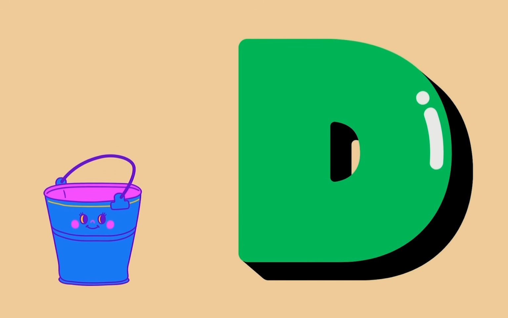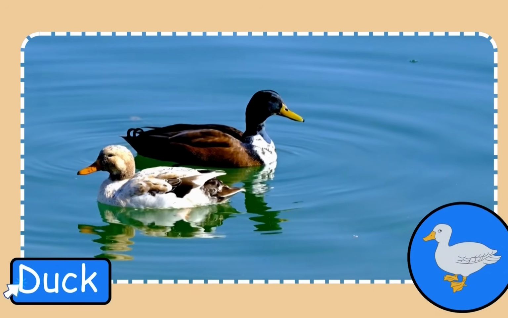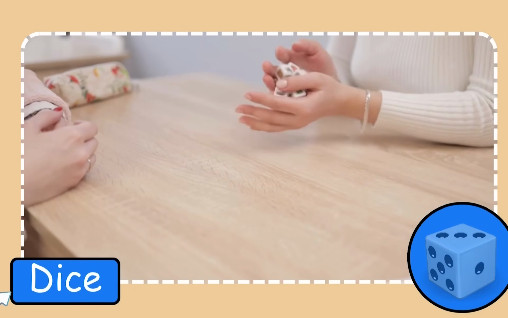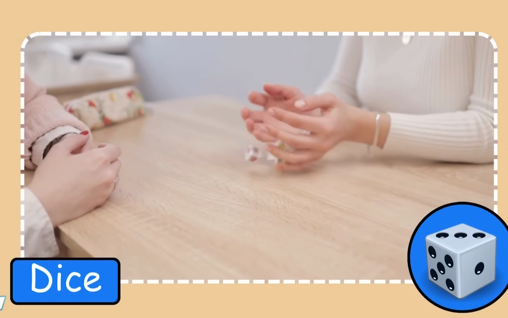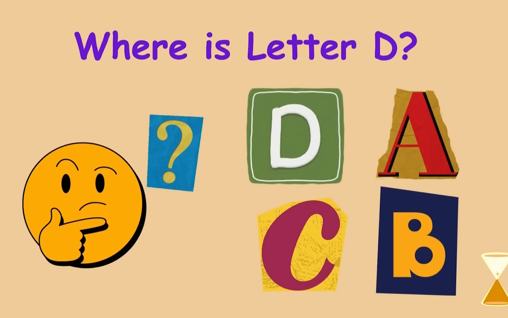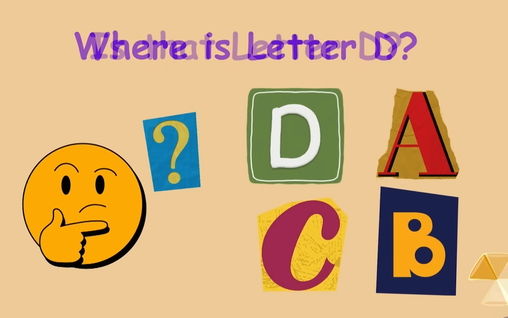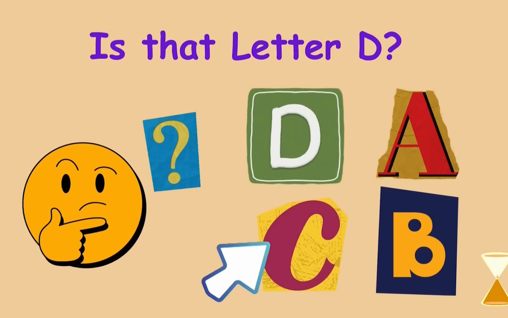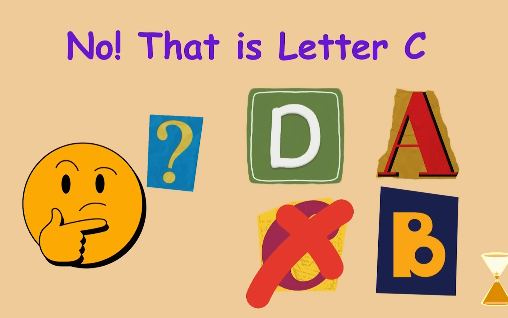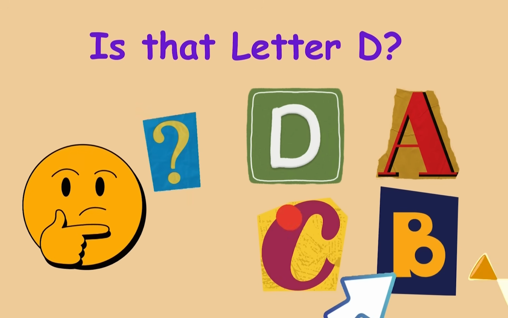Now, what letter is that? That is letter D. Dog starts with letter D. Dice also starts with letter D. Where is letter D? Is that letter D? That is letter C. Is that letter D?